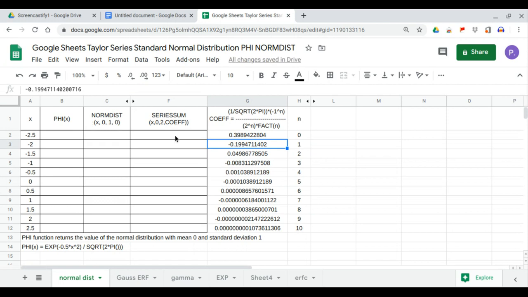Now we have the coefficient. Now we can use the series sum formula, which is our formula, series sum, x values starting from 0 incremented by 2 and these coefficients.